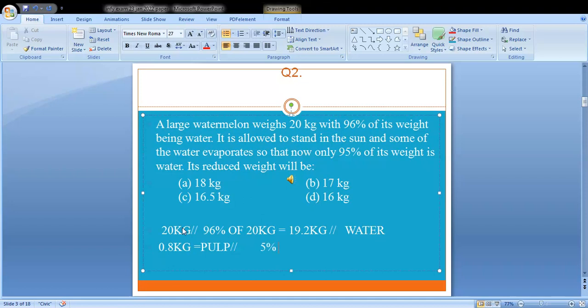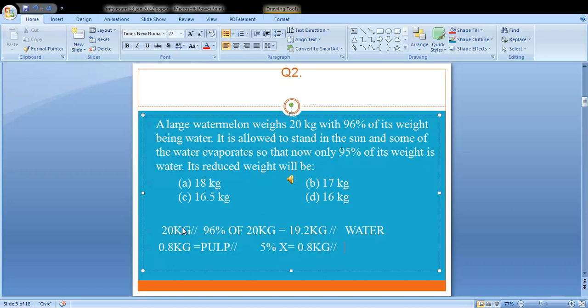Let x kg be the new weight of the watermelon. Now 95% is water, so 5% of x is the pulp, which is equal to 0.8 kg.